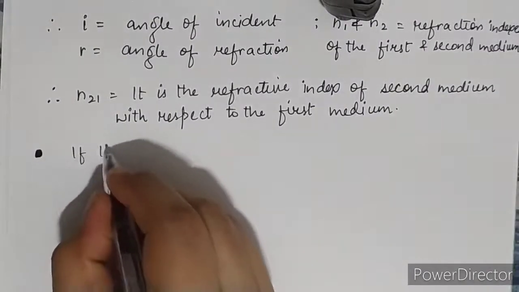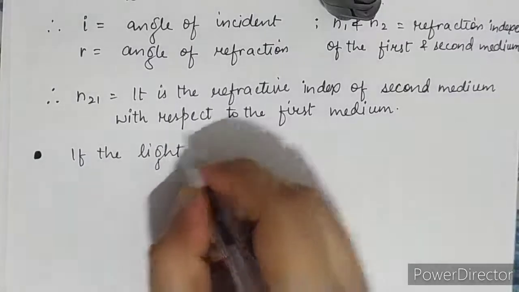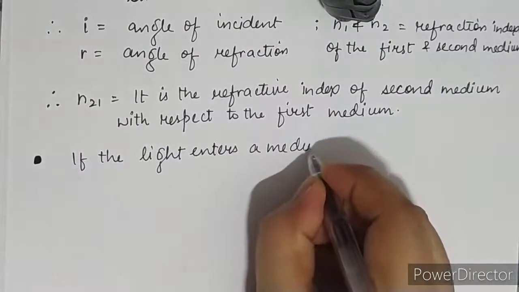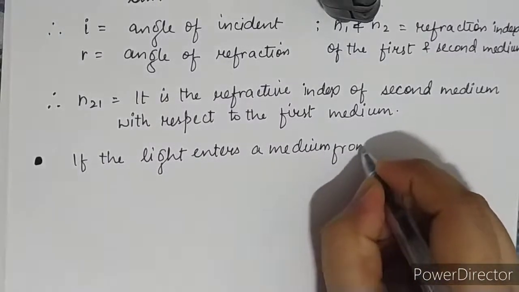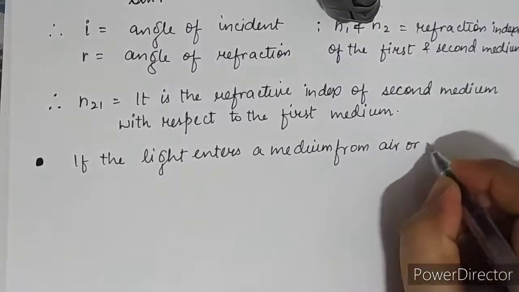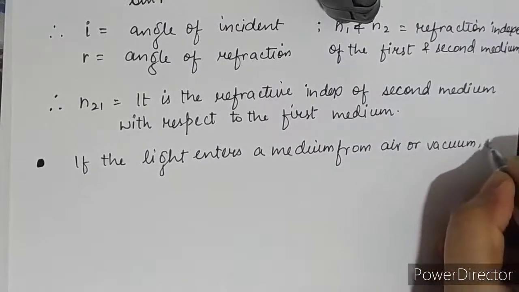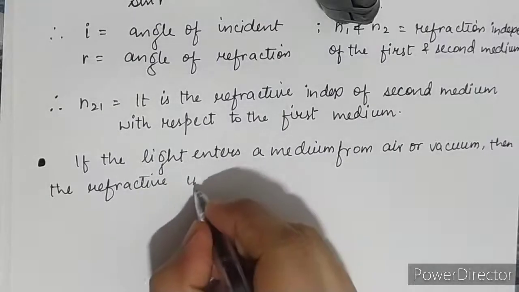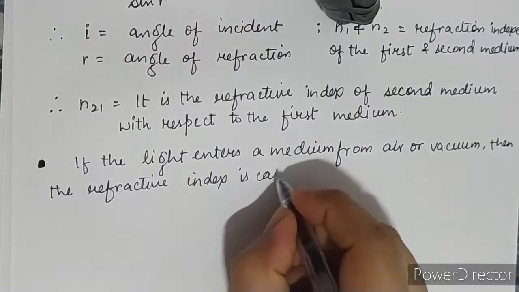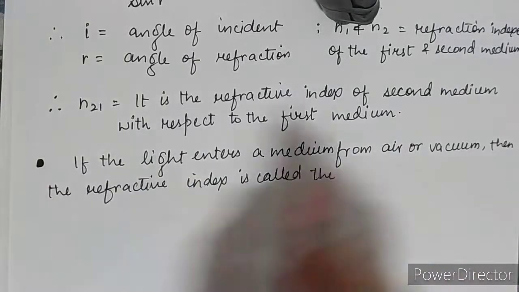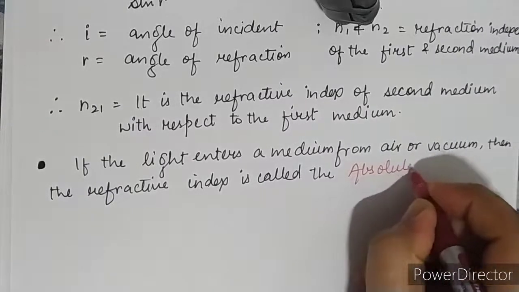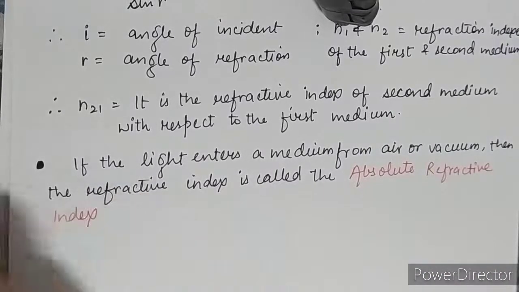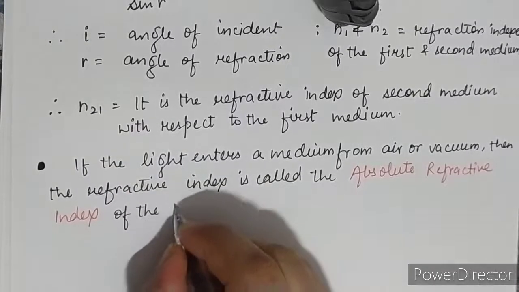So what you have to write: if the light enters a medium from air or vacuum, then the refractive index is called the absolute refractive index of the medium.